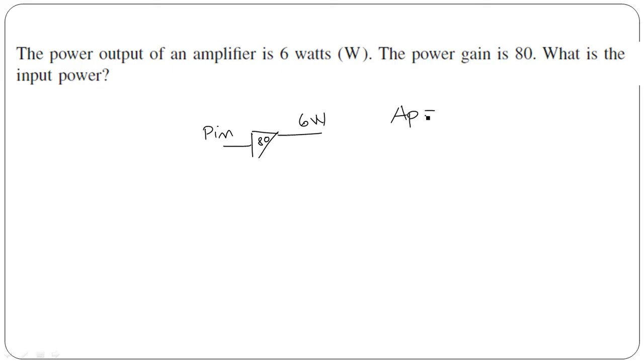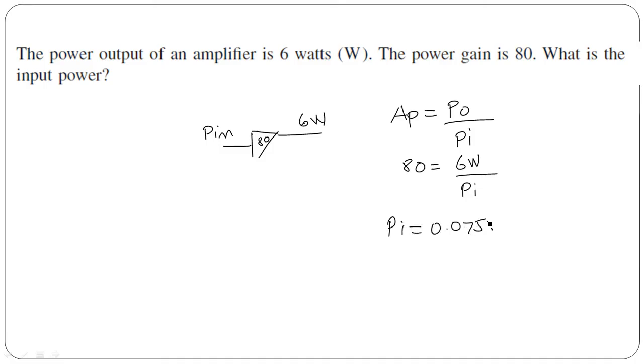Power gain is equals to power output divided by power input. So, 80 yung power gain is equals to 6 watts power output divided by Pin. So, 6 divided by 80. So, 0.075 yung input power.